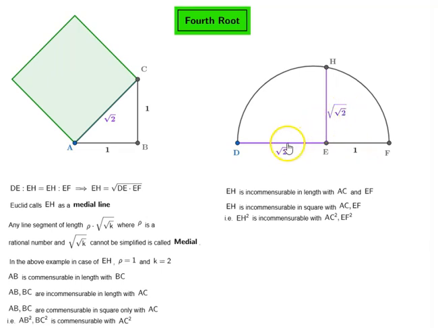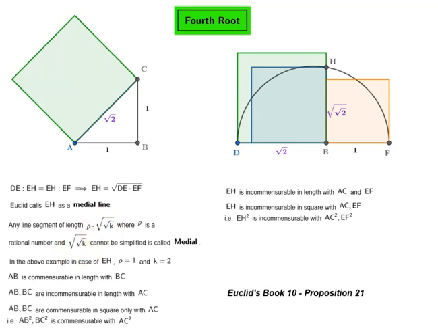So root 2 is incommensurable with 1. So basically again he is drawing squares on that. That's how his language is, because when he was writing the Elements in his time, these notations were not there for square root. And he describes this in proposition number 21 of book 10.